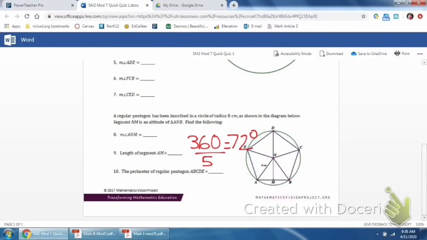So the measure of one of those angles is 72. Now if we're looking for just half of that, then that should be 36. So the measure of angle ANM should be 36 degrees.